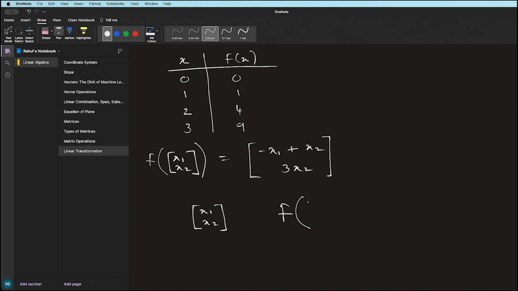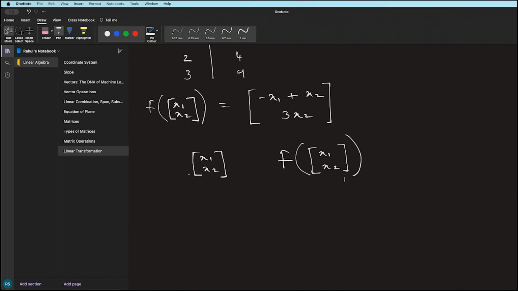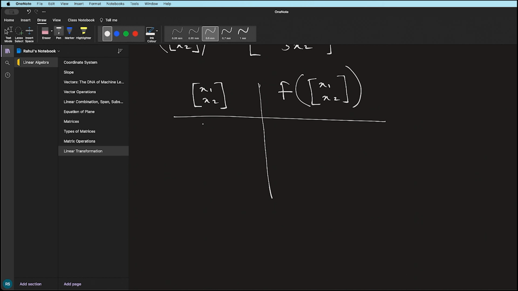If the input vector is 0, 0, then f of x1, x2 is also 0, 0.